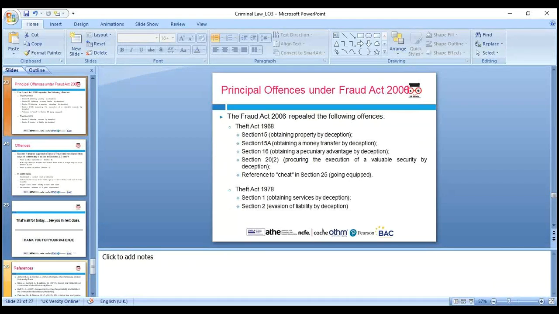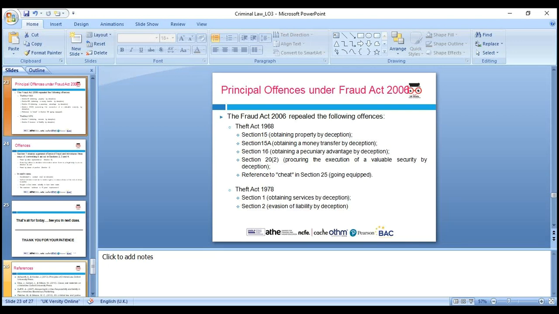No, thank you. The principal offense is under the Fraud Act 2006. The Fraud Act was updated, and we normally teach it in another subject area as well. So fraud replaced the following offenses: Theft Act 1968 and Theft Act 1978.